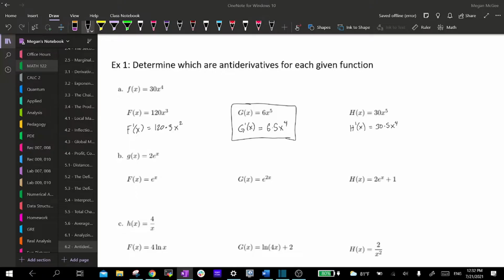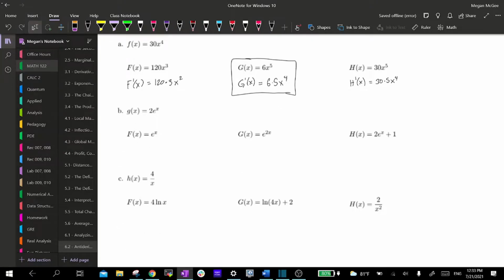Okay, let's look at part B. So we have 2 times e to the x. Again, we're looking for a function whose derivative is 2e to the x. Let's look at the first one here. So f prime of x, so the derivative of e to the x, that's one of the special ones, right?